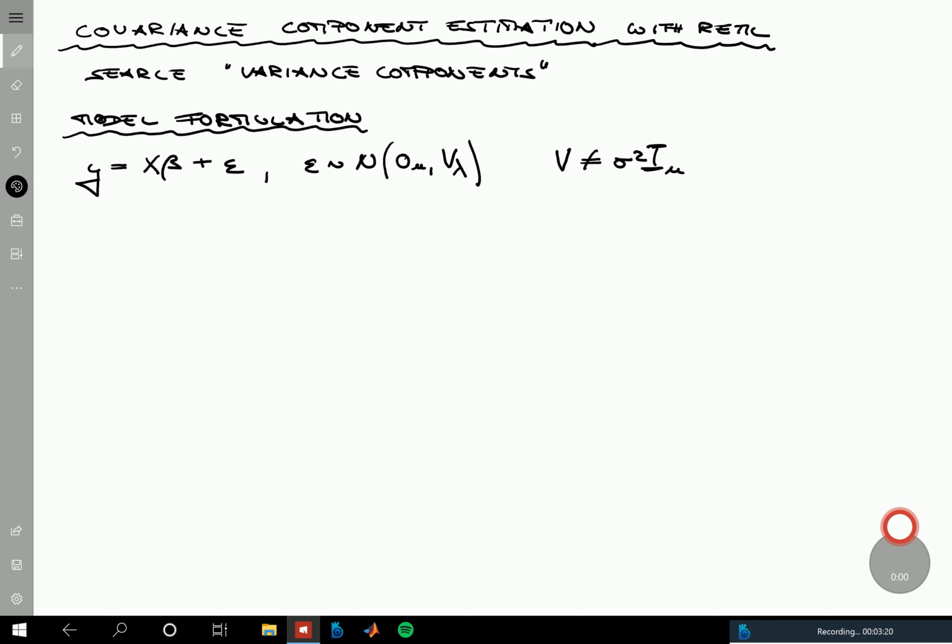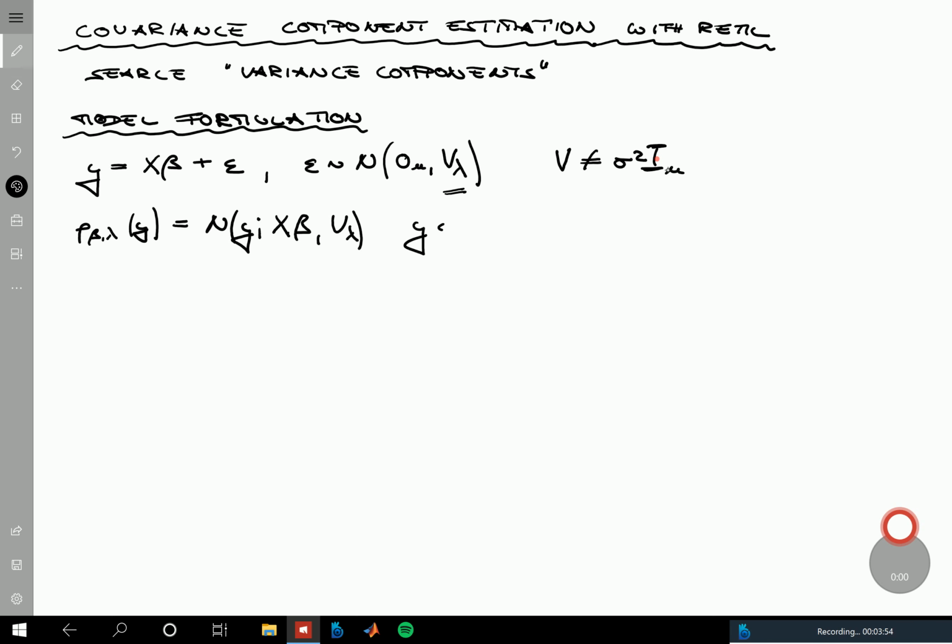And this week, the way it's done in covariance component estimation in neuroimaging, we impose some more structure. So this V lambda means something which we will look at in a second. This is of course the same thing as saying that our data is distributed according to a multivariate normal distribution with expectation X beta and covariance matrix V lambda.